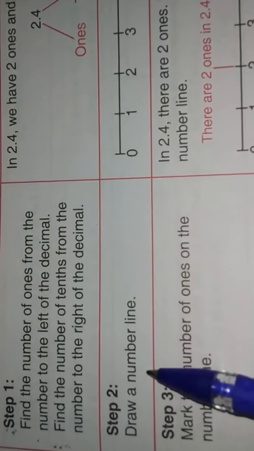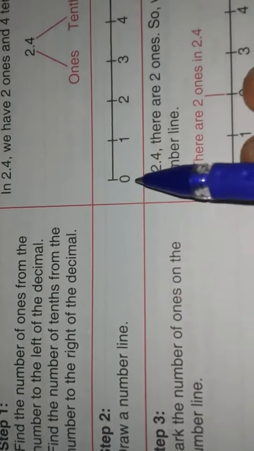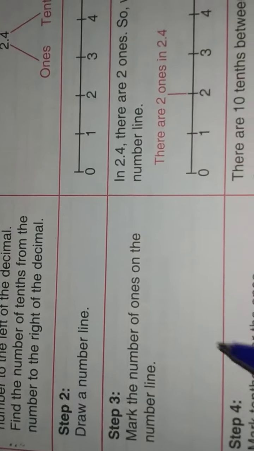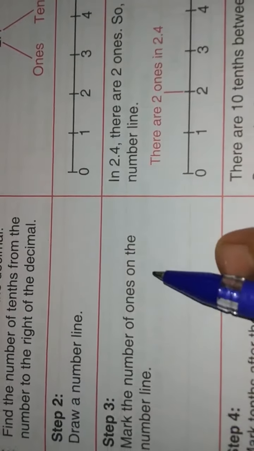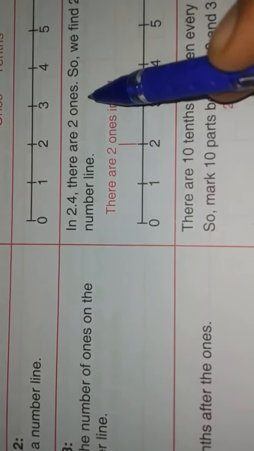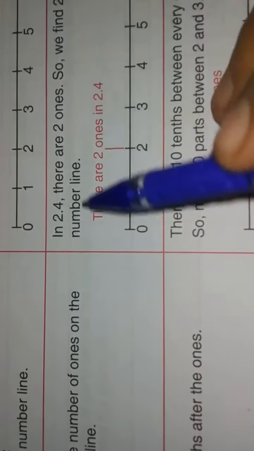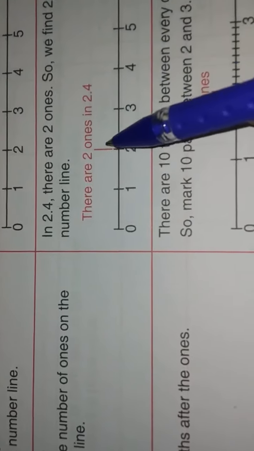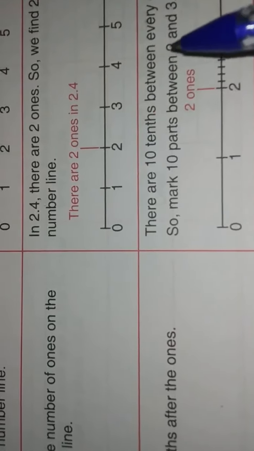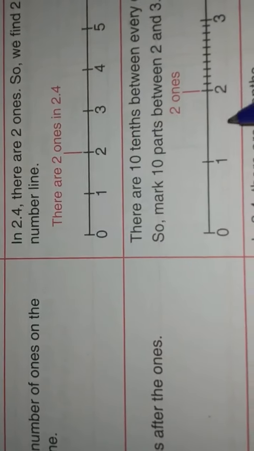Now we have to draw a number line. In that, we draw a number line from 0 to 7. Mark the number of ones on the number line. In 2.4 there are 2 ones, so we find 2 on the number line. In the 2 ones and 4 is there. So we have to draw 10 parts here.